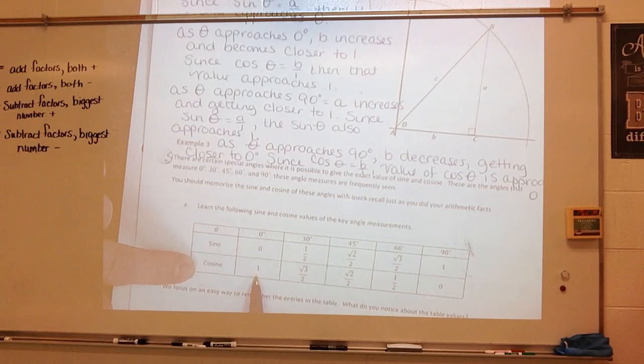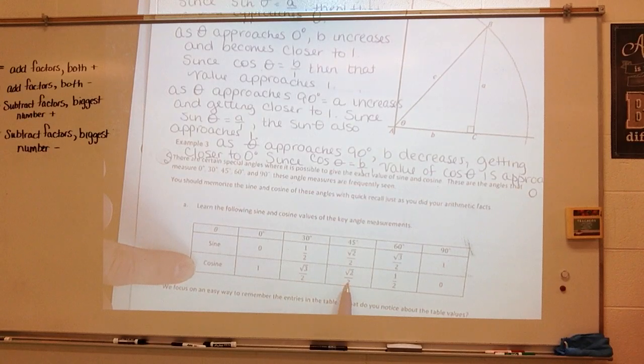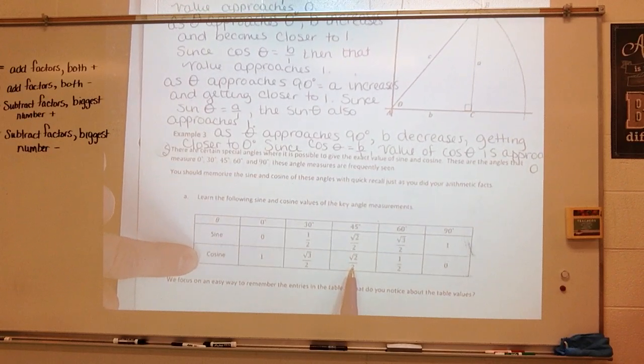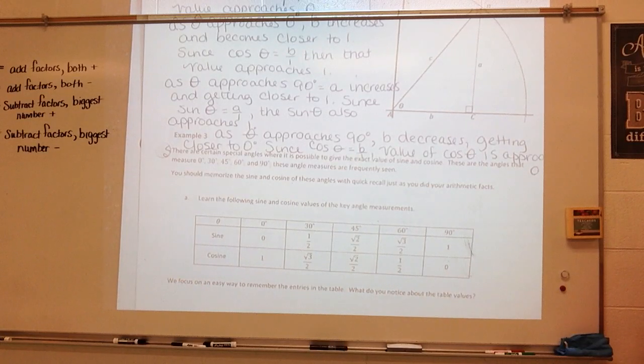Cosine of 0 degrees is 1. 30 degrees is square root of 3 over 2. 45 degrees is square root of 2 over 2. 60 degrees is 1/2. And 90 degrees is 0. We focus on an easy way to remember the entries in this table. What do you notice about the table values?